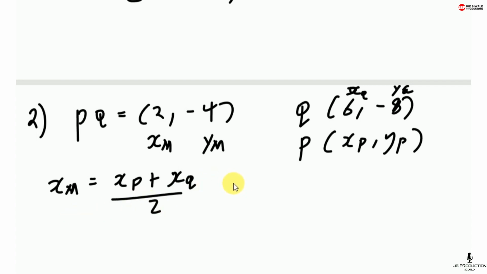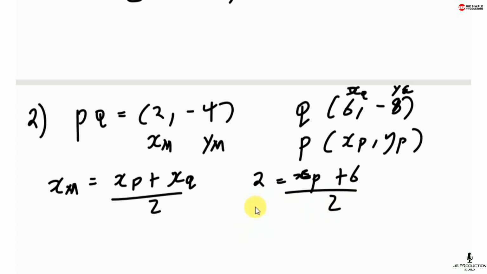So we can say XM, we know XM is 2 there, so we can say 2 is equal to XP. We're trying to calculate XP, which is the coordinate of P there, plus XQ, that's 6, divided by 2 there.